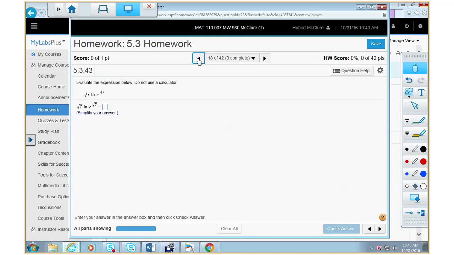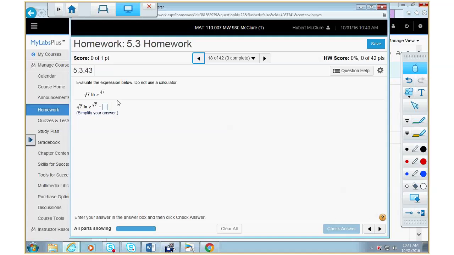I think we're going to do 5 sections, so there are 2 more sections I want to go over.